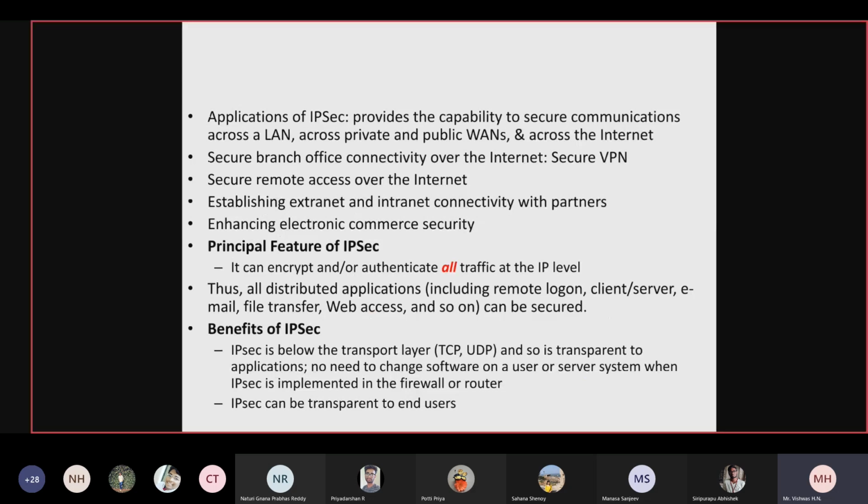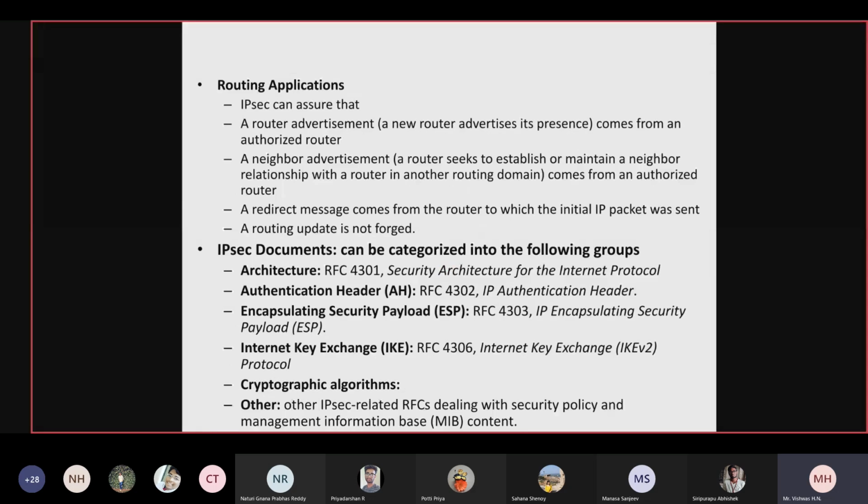Again, IPsec is providing that option. A neighbor advertisement comes from an authorized router. Again, it will check. A router seeks to establish or maintain a neighbor relationship with a router in another routing domain. Is that clear? I think the second and third points are almost similar.